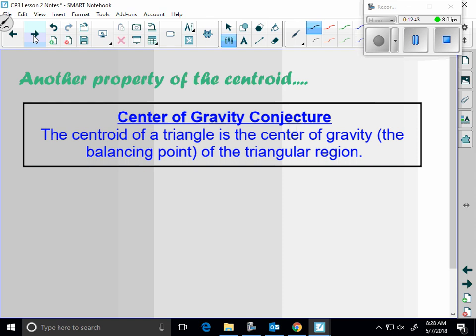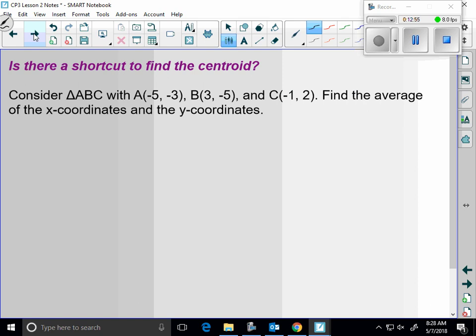Another property of the centroid, like we said, is that it's the center of gravity of a triangular region. So if you find the centroid by finding the point of intersection of the 3 medians, you've found that center of gravity. How would I find the center of gravity of this triangle? Well, here's A. Let's say I got my coordinate grid here.